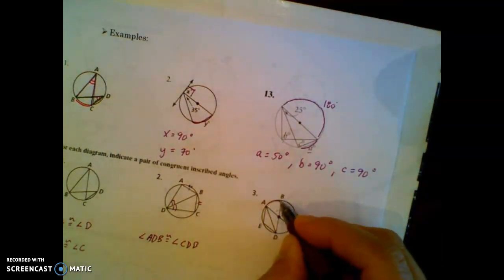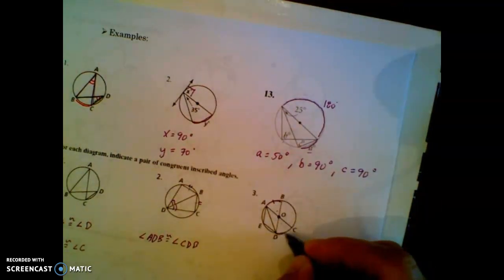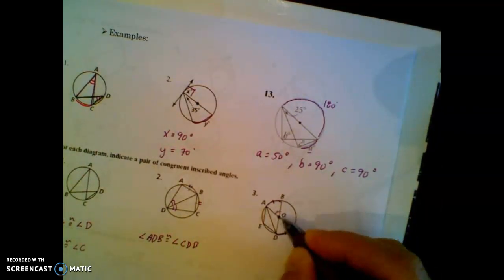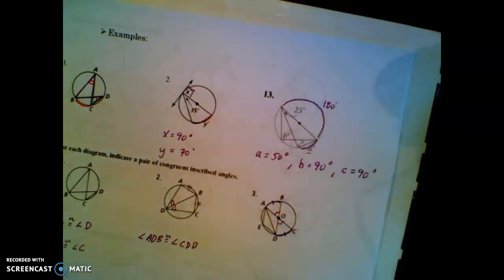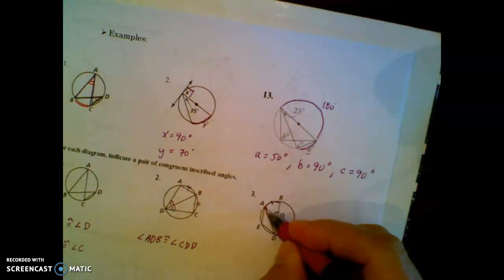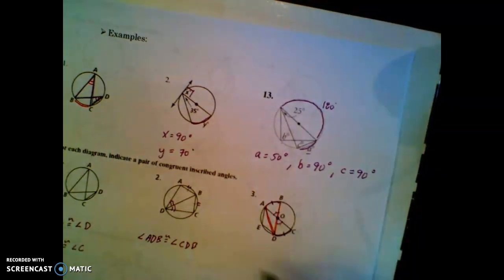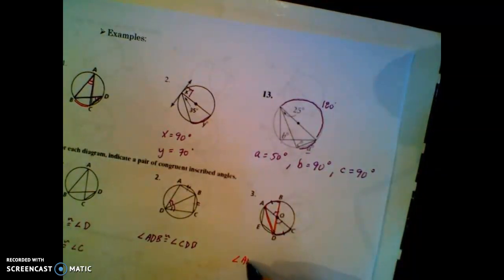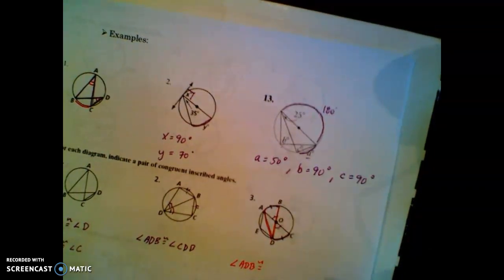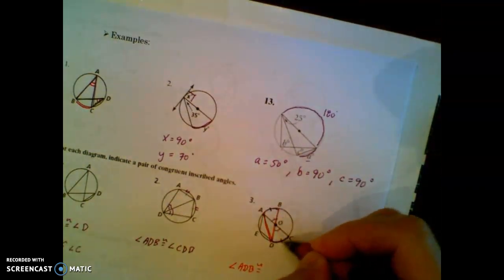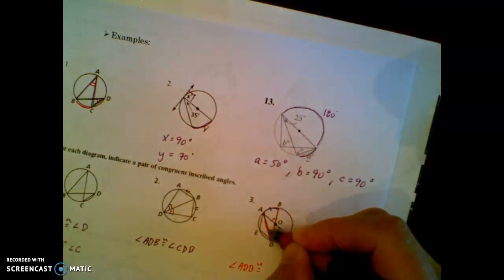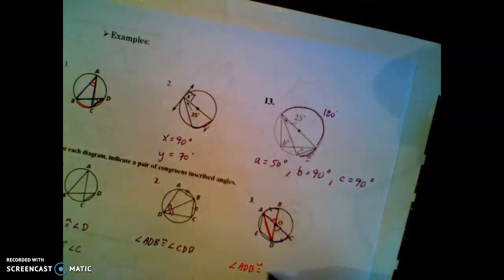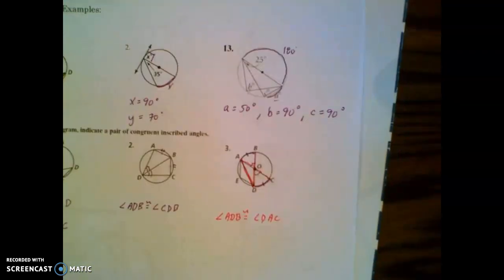So that means this arc has to be congruent to this arc because of these vertical angles. Now I have to look for inscribed angles that make those arcs. Here's one inscribed angle that makes that arc, so that means angle ADB is congruent to, if I look at this arc here, an inscribed angle here at A, or DAC. So that's a pair of congruent inscribed angles on that one.